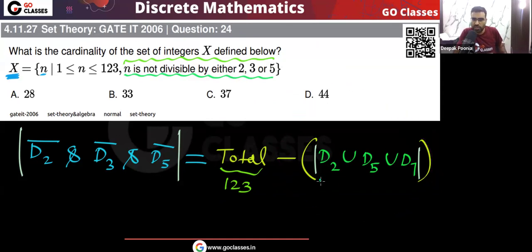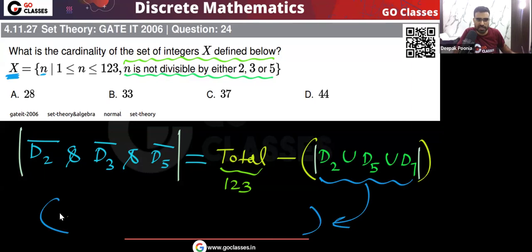Here you can just apply the inclusion exclusion formula that you already know. Let me write the complete formula here.